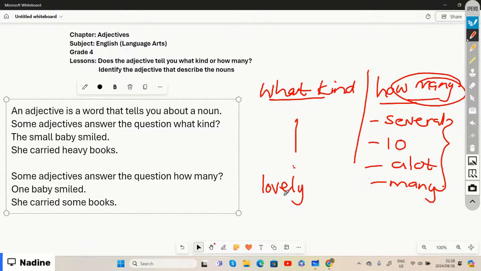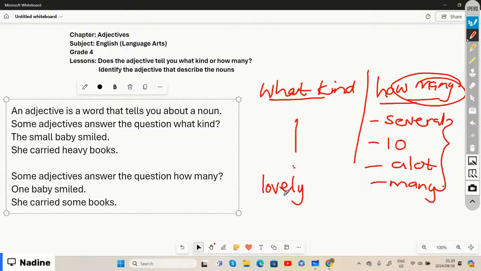The baby smiled. Then it means that smiled is our adjective. It tells us what kind. Or small baby, big baby, chubby baby, cute baby. These are all words that tell us what kind of baby it is, what kind of books it is, what kind of thing it is.